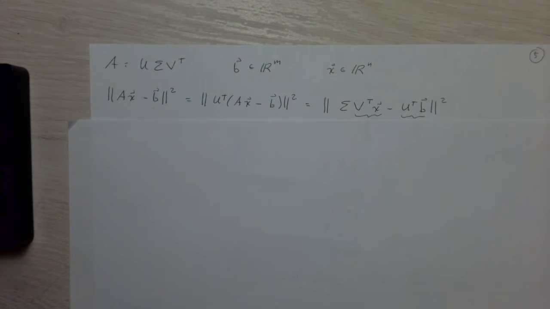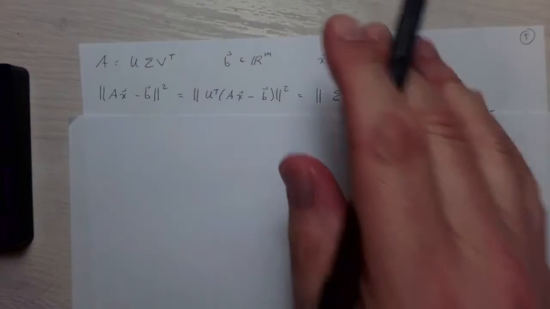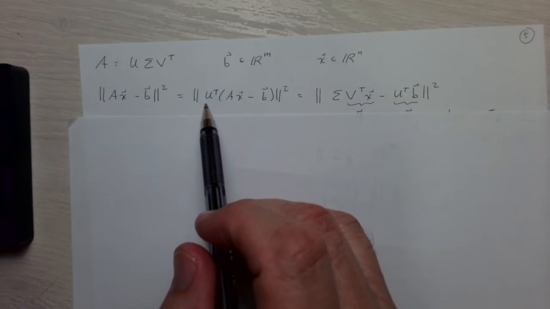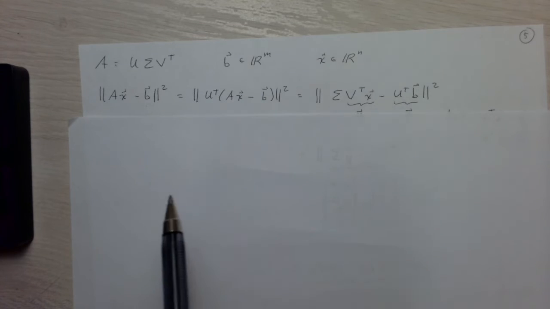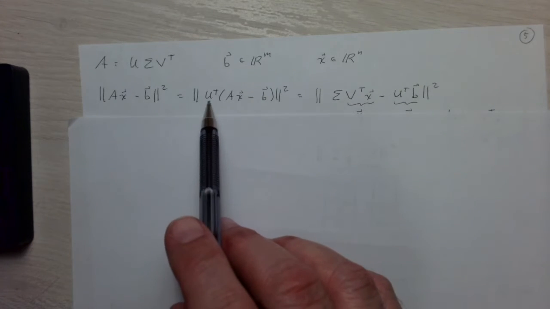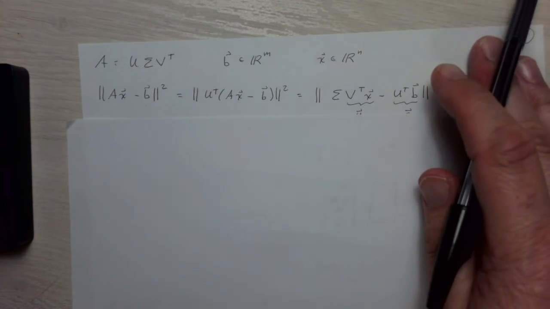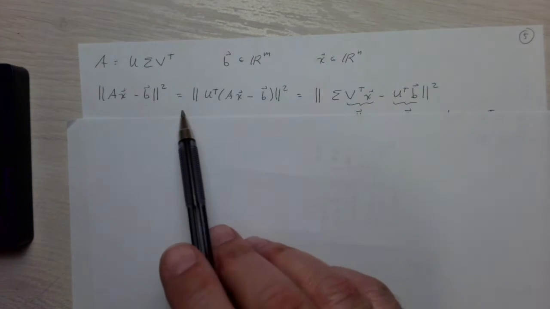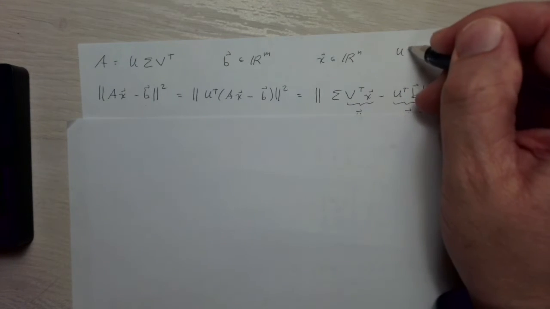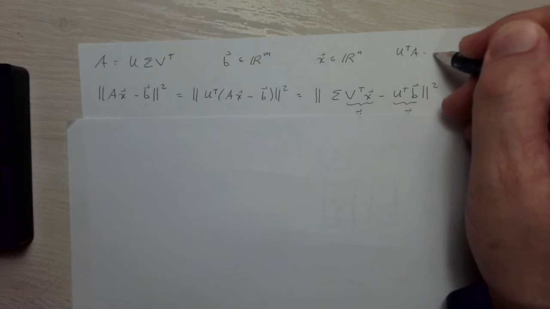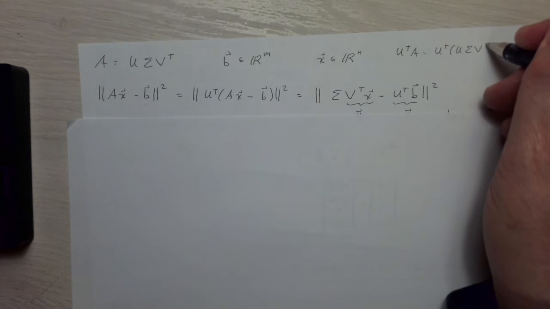Now, because U is orthogonal, U transpose is also orthogonal. So when you multiply a vector by an orthogonal matrix, it doesn't change the length, right? So multiplying by U transpose doesn't change the length. And then U transpose A is the same as U transpose U sigma V transpose.